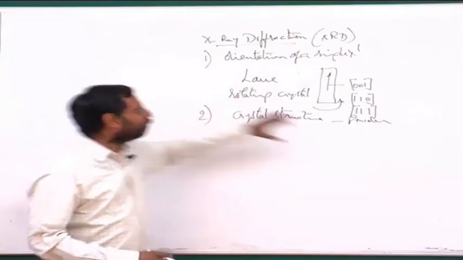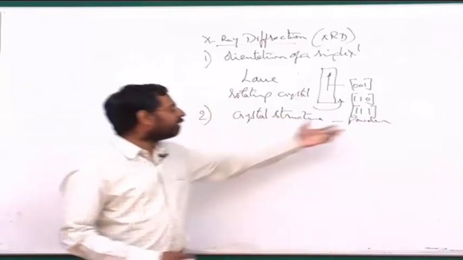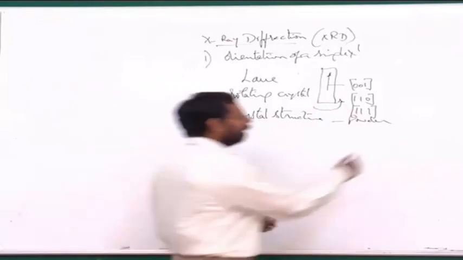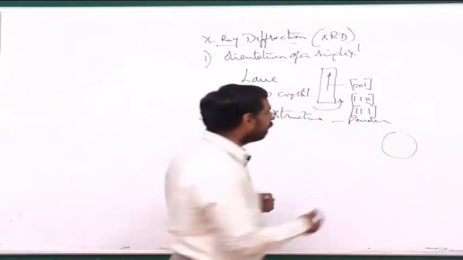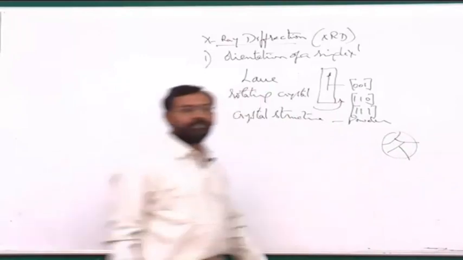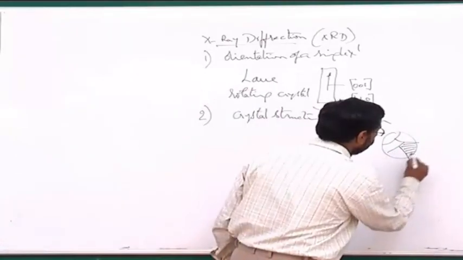So we use polycrystalline materials which have a large number of grains, and for example, a powder represents powder particles. If I take a powder particle, let's say a sand grain kind of a thing, each particle is composed of a number of grains, and each grain is a single crystal with a certain orientation of atoms.